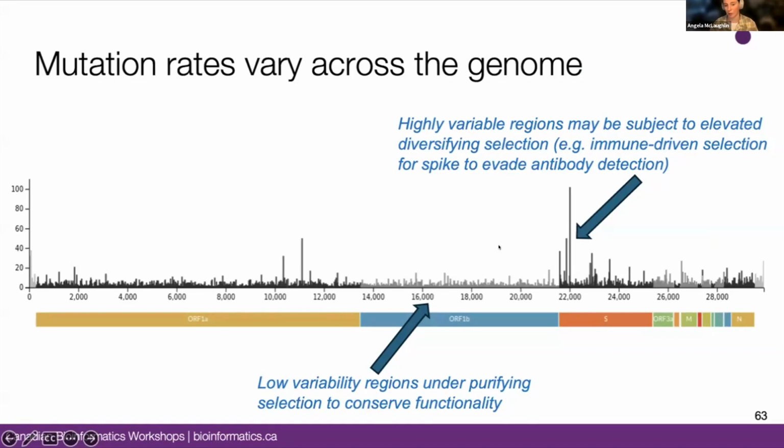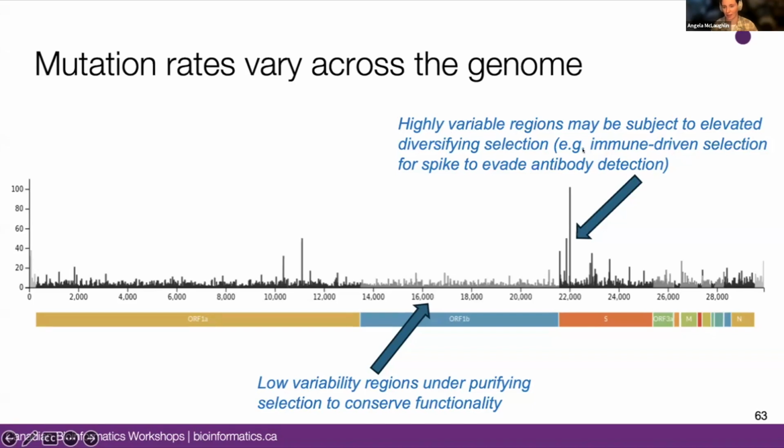So this would probably be under purifying selection because it's conserving functionality there, or there's some other functional conservation at play. Whereas in Spike S, we can see some of those loci are highly variable. And this is probably subject to, and I think evidence suggests, diversifying selection.